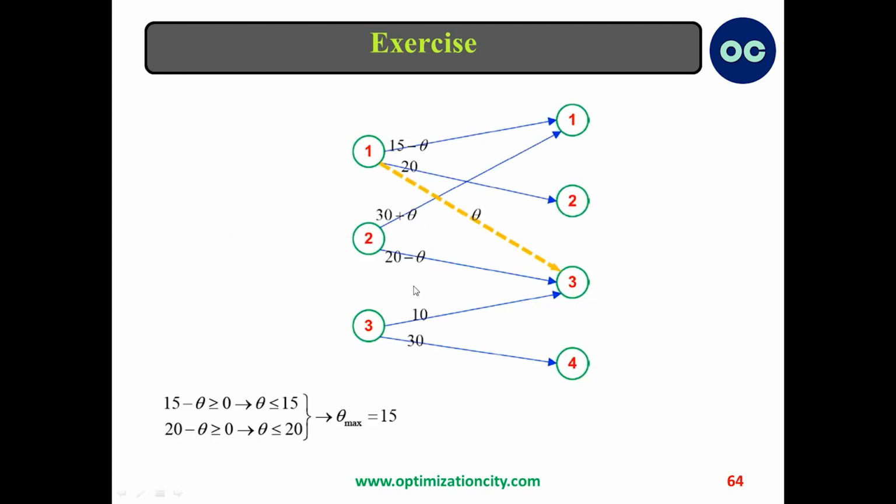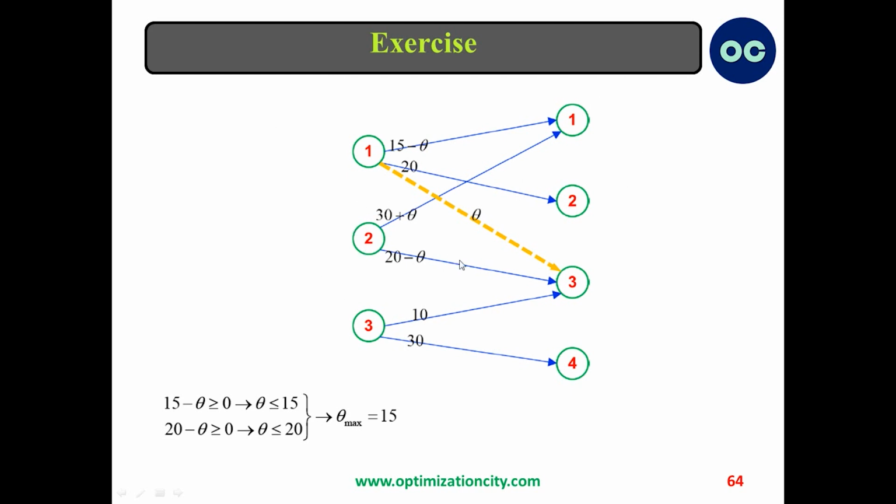We just add the arc 1,3 with the flow of theta. If we add the theta to node number 3, we should decrease the flow from 2 to 3 by theta. And if we decrease theta from node 2, to hold the balance condition, we should add theta to arc 1 and go forward.